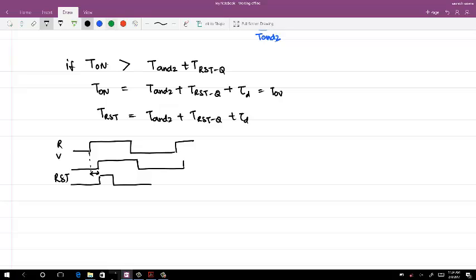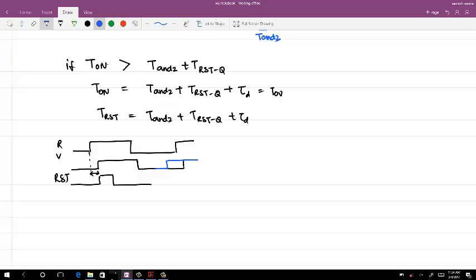Now the same thing, in case my V signal moves very close to, sorry, my V signal actually rises here.